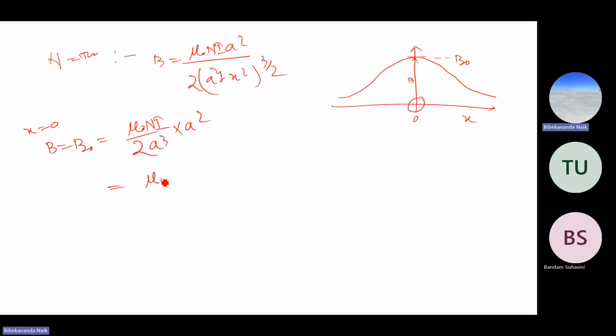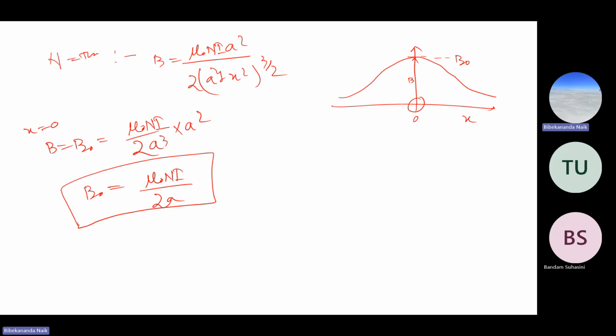So it will be mu 0 n I by 2a. As you know, this is simply the magnetic field of a circular coil at the center of the circular coil.